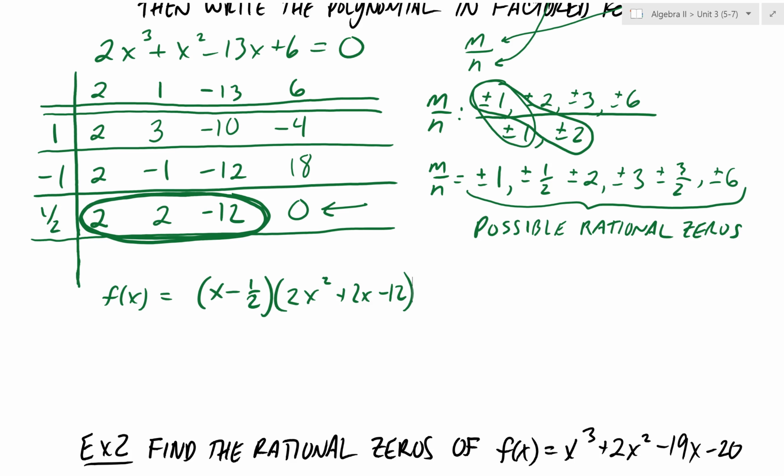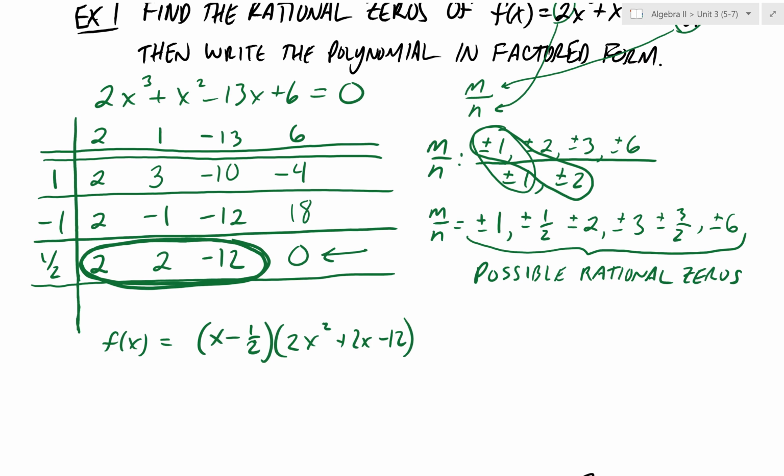Now what's the first thing you notice about the quadratic factor? Notice anything about that? You can easily factor out a 2, and we actually need that 2 to convert this x minus 1/2 into a normal factor. So if I factor the 2 out, the quadratic part becomes x squared plus x minus 6.